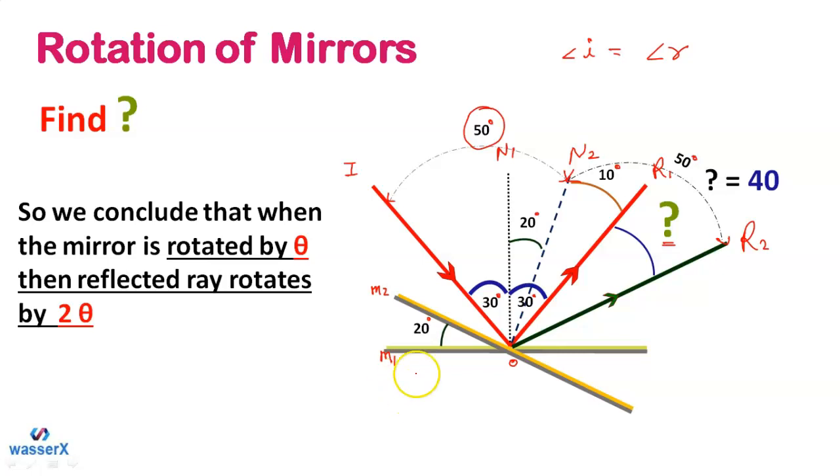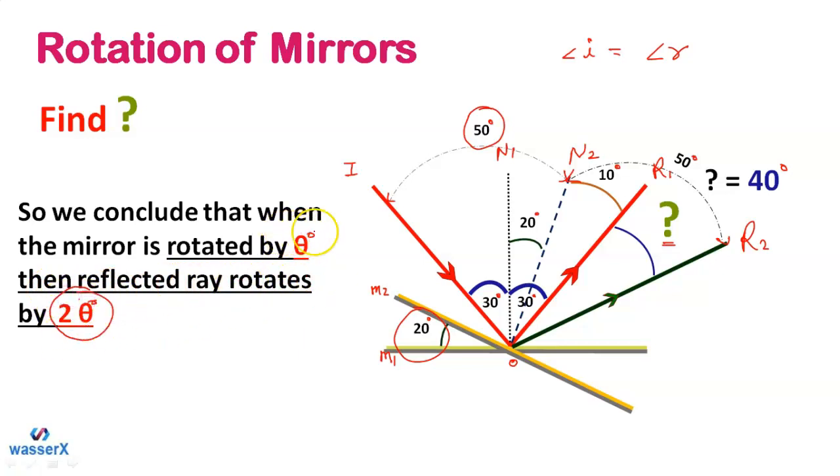Okay, students. So here we got a very interesting conclusion. As you can see, the angle of rotation was 20 degree, right? And we got the shift of the reflected ray, that is 40 degree, which is double the angle of rotation. So we can easily conclude that when the mirror is rotated by an angle of theta degree, then the reflected ray rotates by an angle of 2 theta degree.